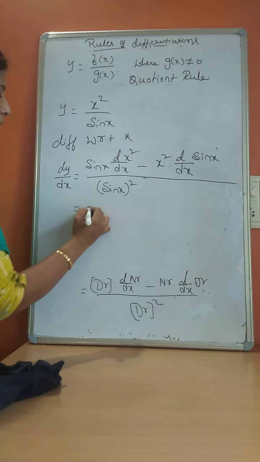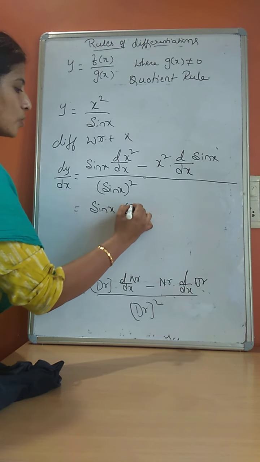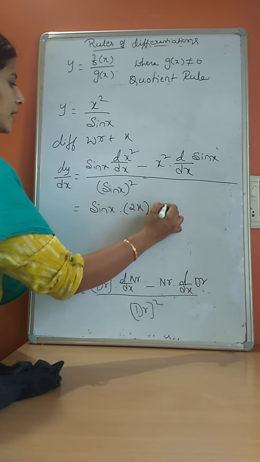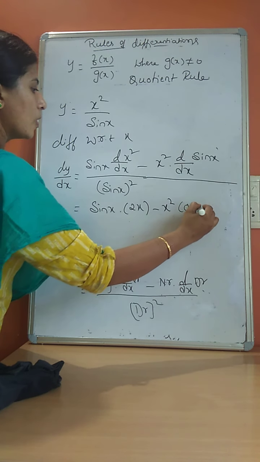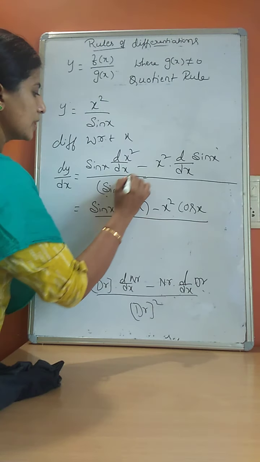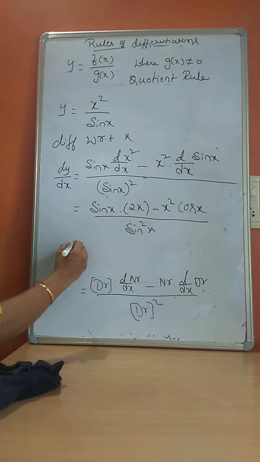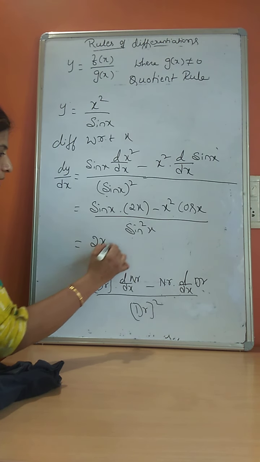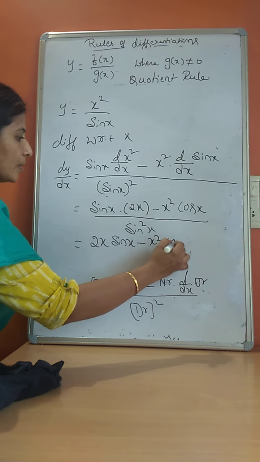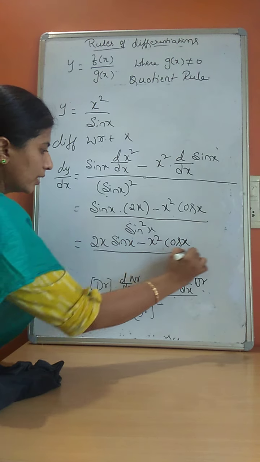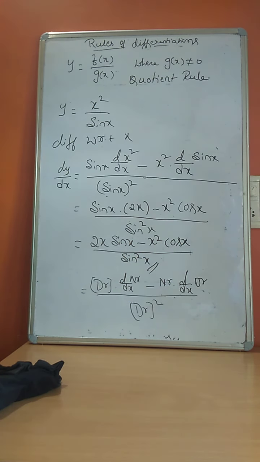This must be equal to sin x into the differentiation of x square, that is 2x, minus x square into the differentiation of sin x, that is cos x, divided by sin x square, which means sin square x. This can be written as 2x sin x minus x square into cos x, whole thing divided by sin square x, is the required solution.